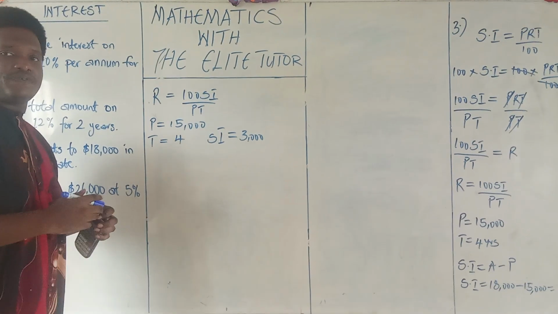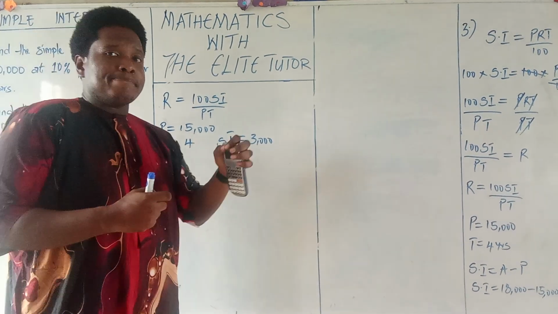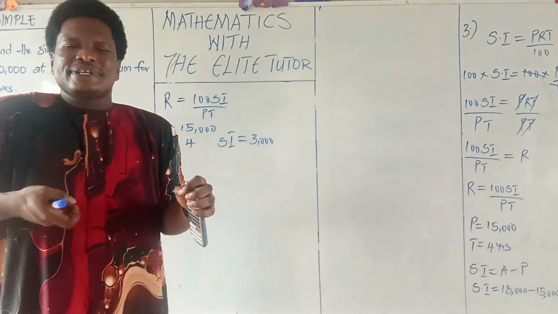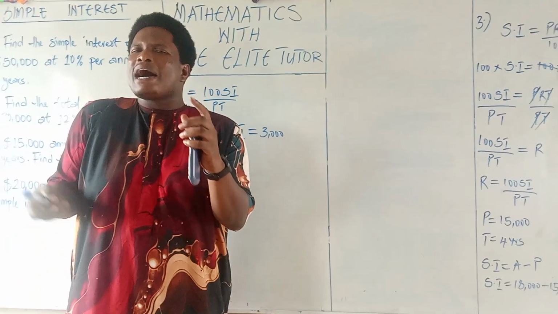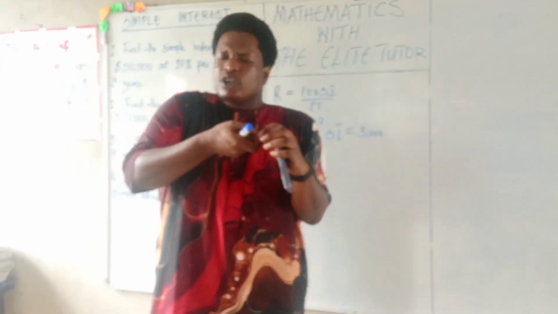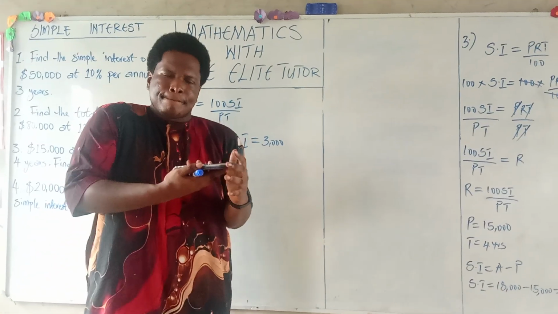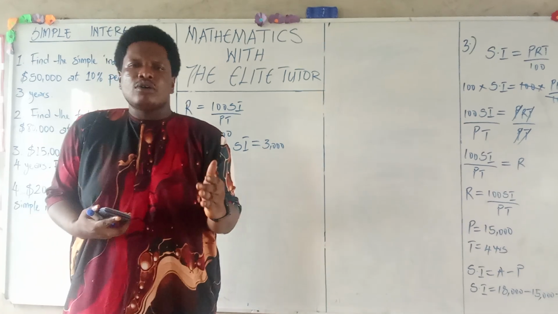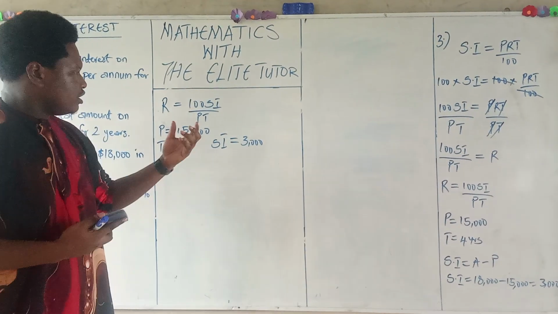Don't forget, I told you, to ascertain your simple interest, it is your amount minus your principal, because that amount comprises your principal and interest. So we are able to ascertain $3,000.